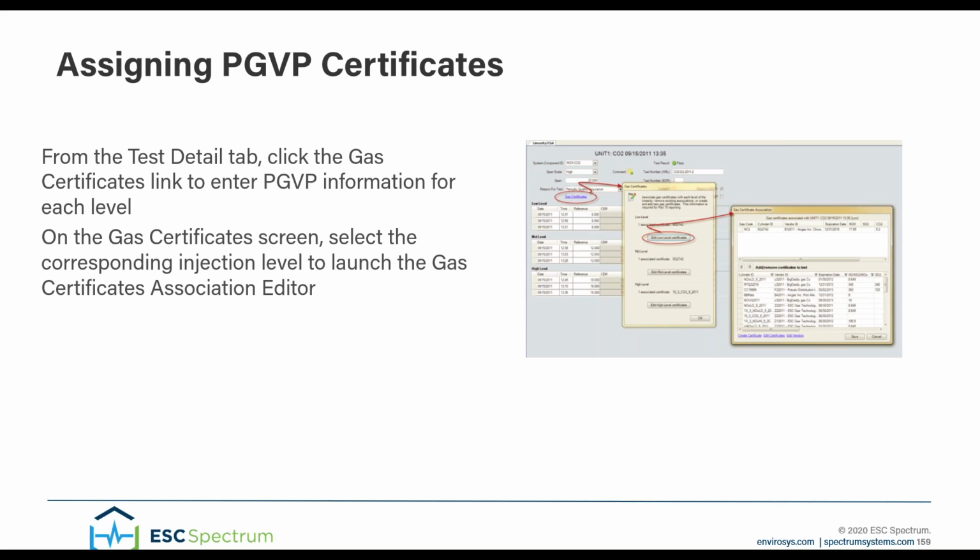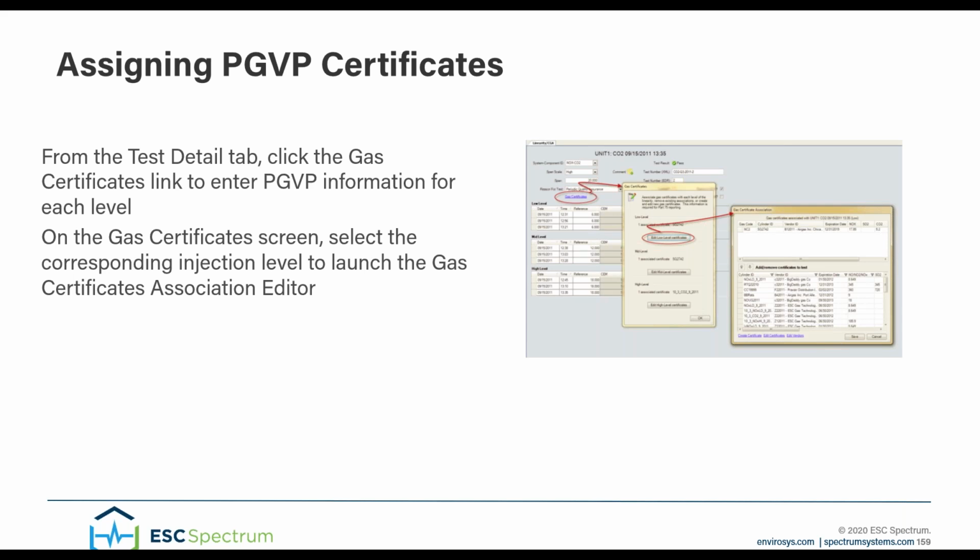Now, if we've gone into our cylinder management tool as we saw yesterday, and we have associated a cylinder or put a cylinder into service for the quarterly type calibrations, then that information will be automatically pulled into the test itself. If we haven't done that, we have the option to go in after the test information has been put in and then select which particular gas bottles we want to use.